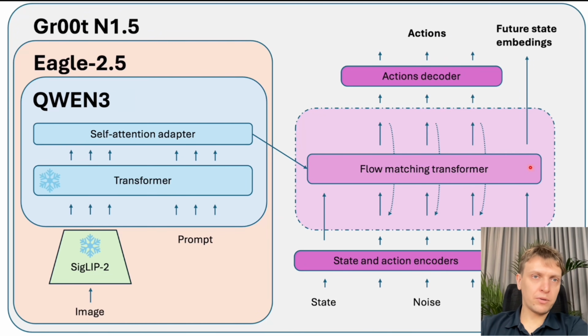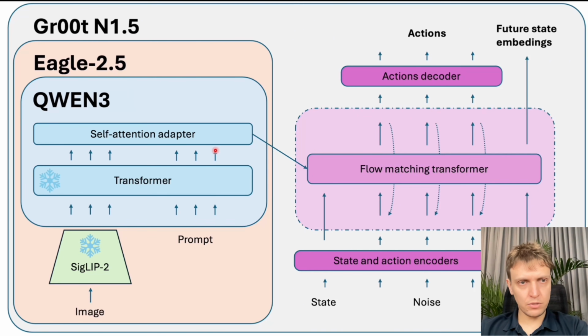Okay, now let's talk about the next version, N1.5. This policy uses the Eagle VLM again, but the next version of it, Eagle 2.5. And I'm not 100% sure whether they use the original version released in open source, so it's again some internal version.